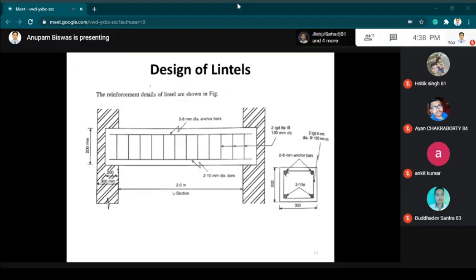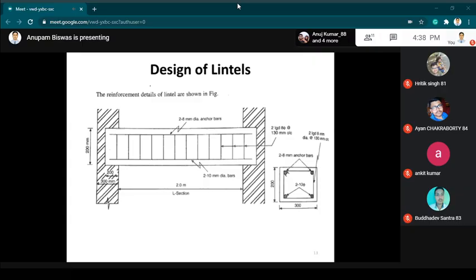So after the design, finally, we can draw the lintel, the longitudinal cross section and cross section of the lintel. The bearing is 300 mm as shown with hatched line on two sides, and the clear span is 2 meter.